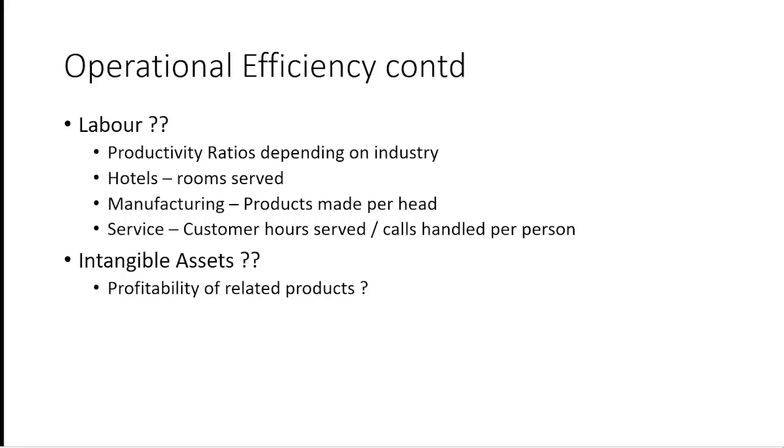For manufacturing, it can be how many products they produce in 1 hour or per person in the factory, how many percent of the staff are related to production directly, how many percent are in administration. For a service industry, we can say how many customer calls they handle per person, how many hours they serve, right?